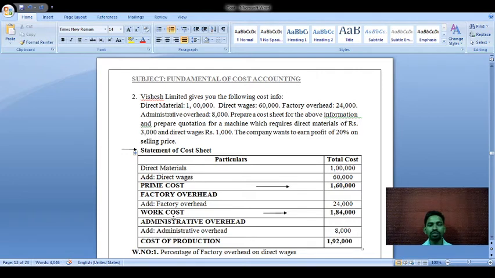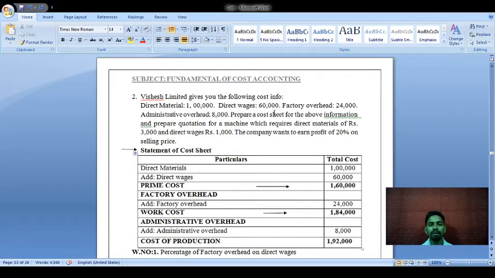In this work cost you have to add administrative overheads, which in this problem are rupees 8,000. So 1 lakh 84,000 plus 8,000, the total will be 1 lakh 92,000. It indicates the cost of production.